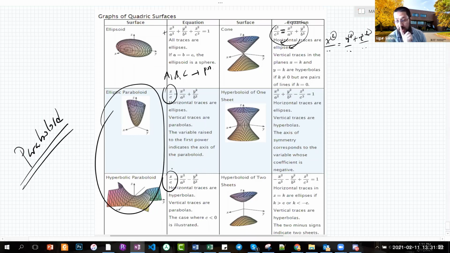A term without a square. The other two terms have a square, but for one term, I don't have the square. It is like the cylinder, but in a cylinder, one of your variables was missing. I haven't missed any variable here, but one of them has just the first power.